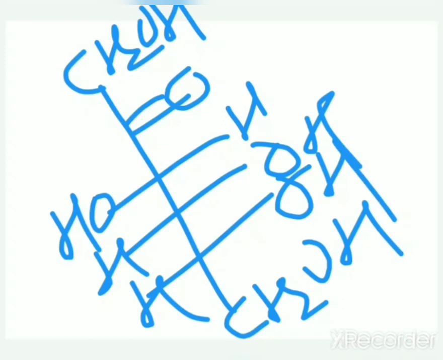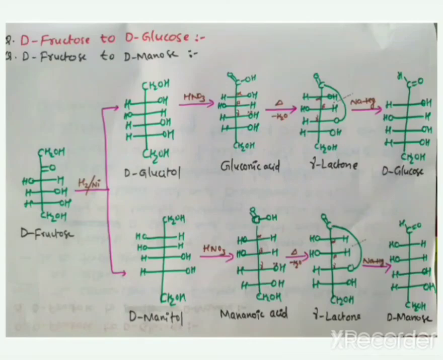So four structures are very very important: glucose, fructose, mannose, arabinose. So four conversions: arabinose to glucose, glucose to arabinose, glucose to fructose, fructose to glucose. Four conversions are very very important.